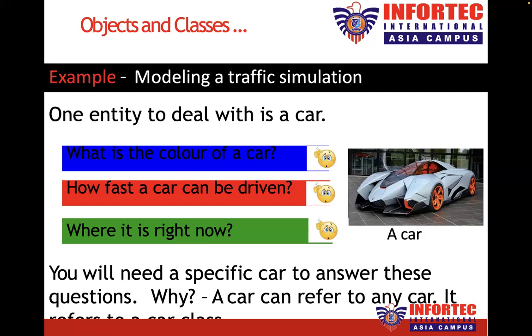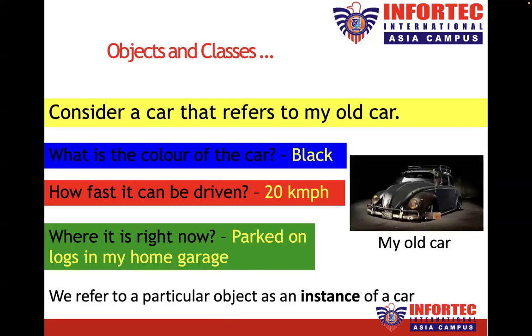So if you have 10 cars in your car class, can you ask these three questions from the class? No. These are for individual elements, individual cars in your car class. So you will need a specific car to answer these questions. Why? A car can refer to any car, right?